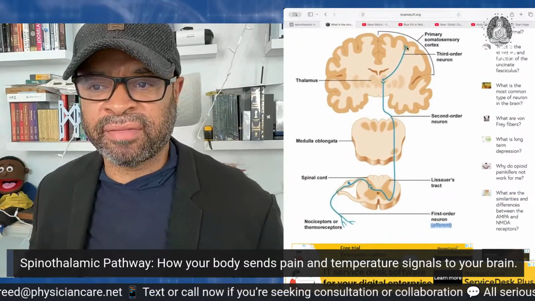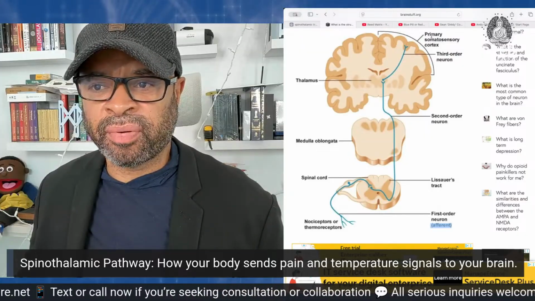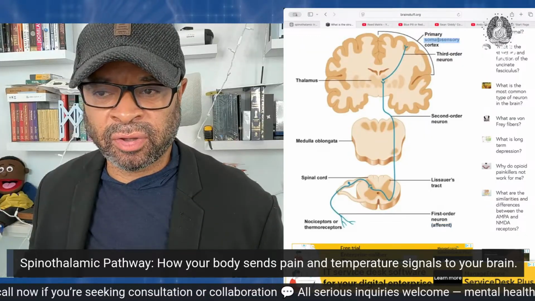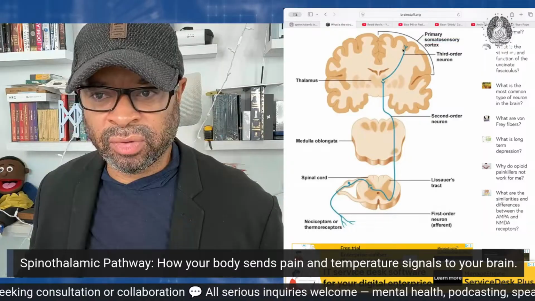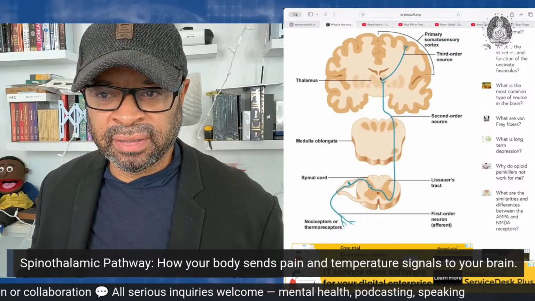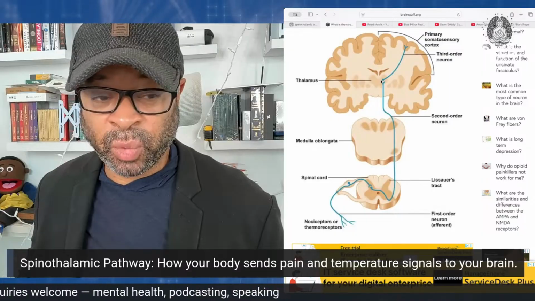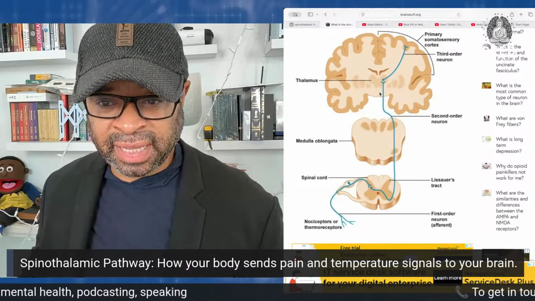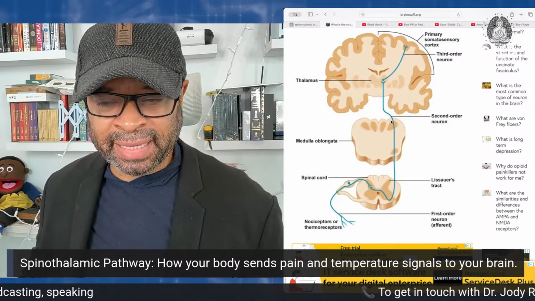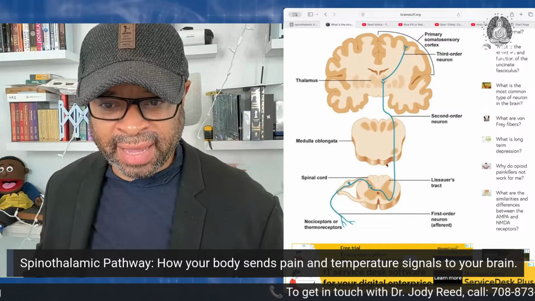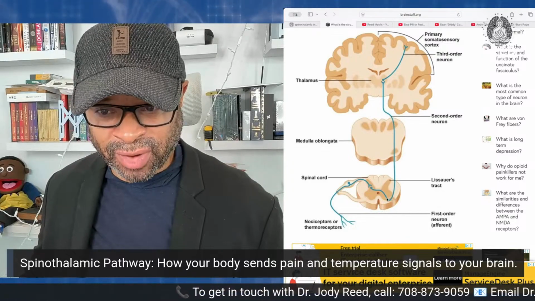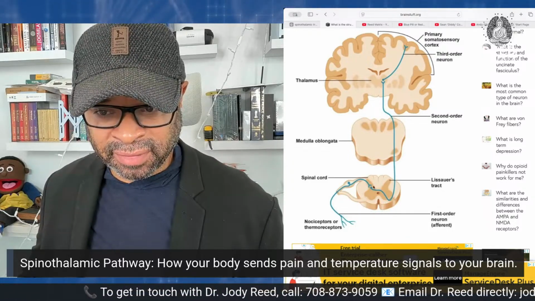So let me just track it back from the third order, from the primary somatic sensory cortex. Here, there's the third order to the thalamus. Okay, the thalamus is basically the relay center. The second order, this is the spinothalamic tract, right? Here, then that's the second order.